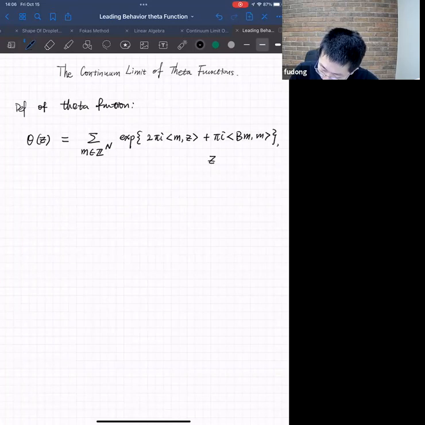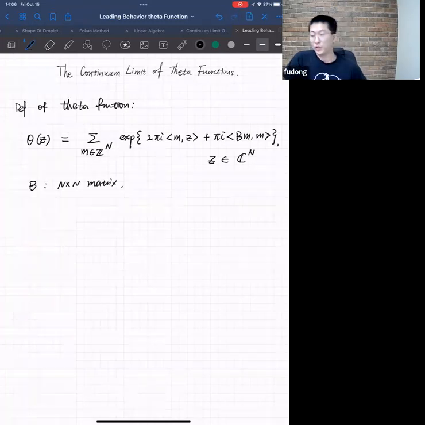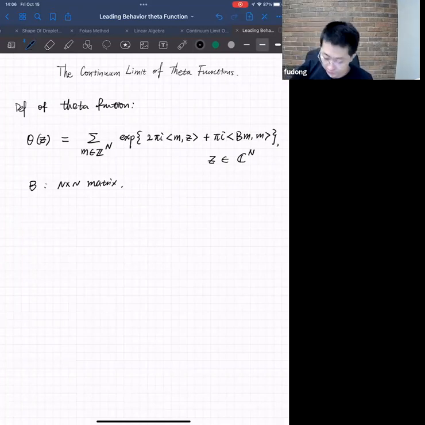So z is a complex vector in C^n, and this matrix B is an n by n matrix, which is defined by the Riemann surface. So the theta function corresponds to a Riemann surface, and the B matrix is the period matrix.